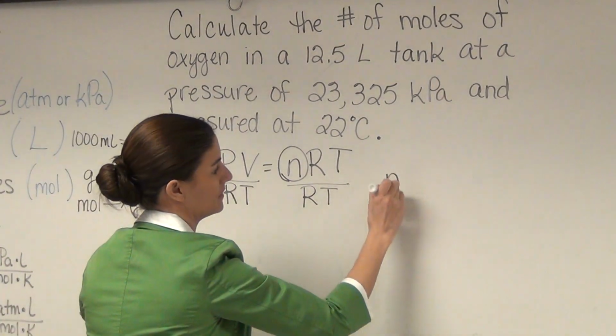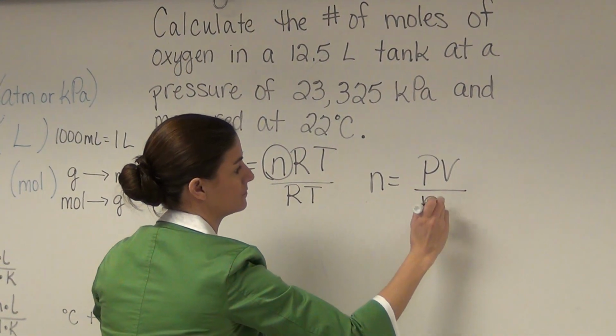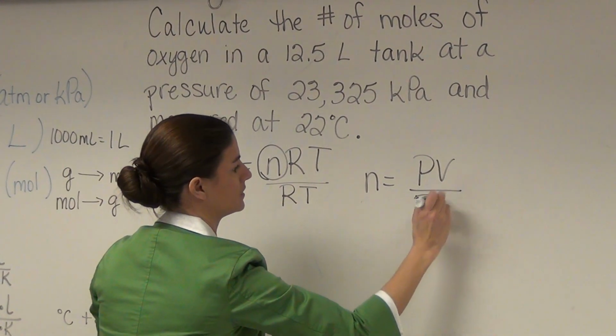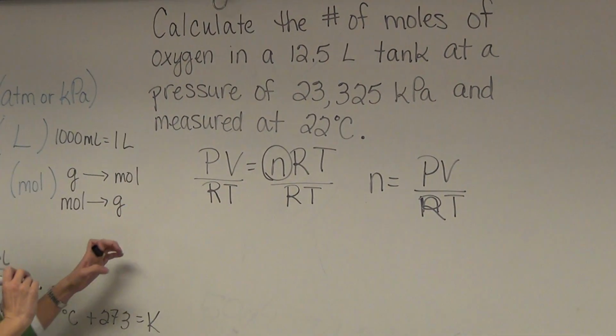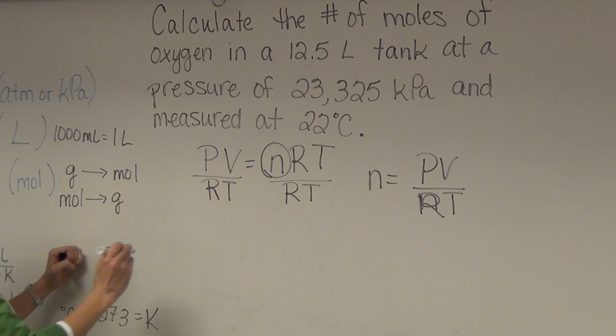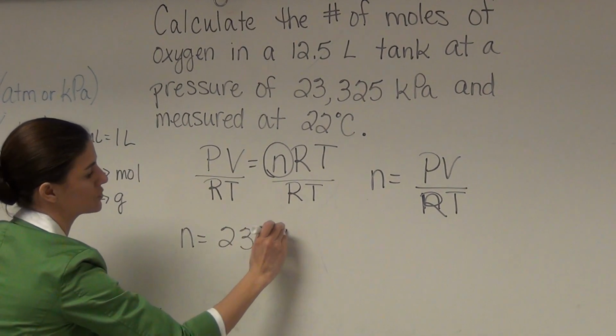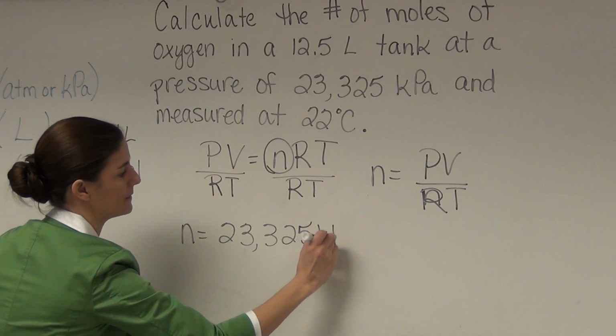So we have n equals PV over RT. Now we can look at all of our different pieces of information. We have a pressure of 23,325 kPa.